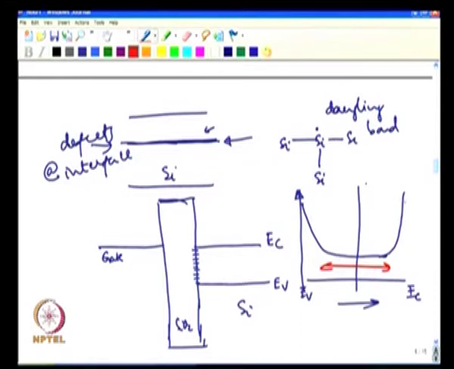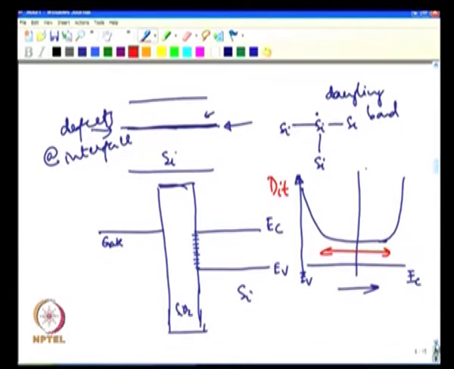And this distribution is what is called DIT, because this is given as a function of energy value and per unit area value. Per unit area at a given energy, what is the trap density? That is what we call DIT, interface trap density, in terms of number per centimeter square EV.